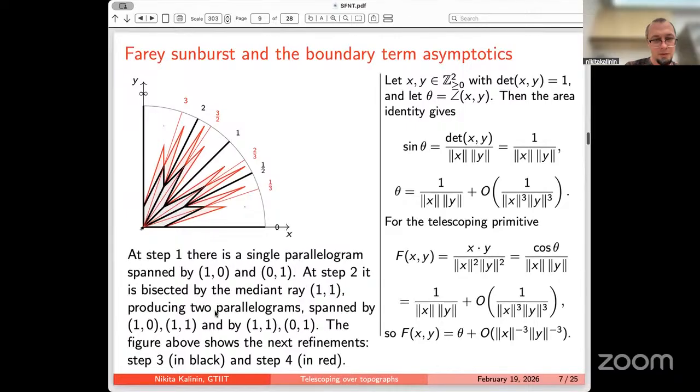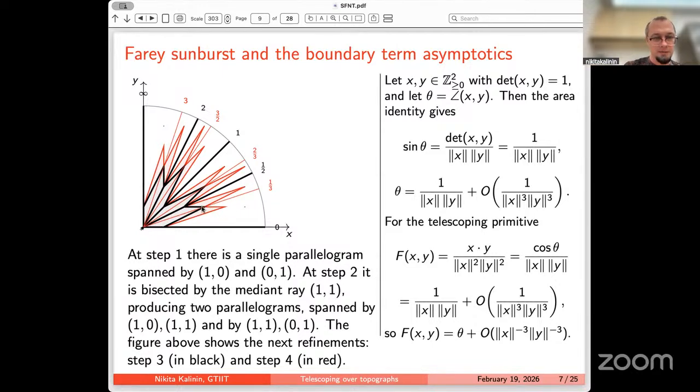Parallelograms spanned by 1, 0, 1, 1 and 1, 1, 0, 1. Then again, you subdivide each of them. So to this parallelogram, you add the vector 2, 1, just the diagonal. And then you have these black parallelograms. That's step number 3. And step number 4, again, for each parallelogram, you just add the sum of the sides, so it will just be the diagonal.